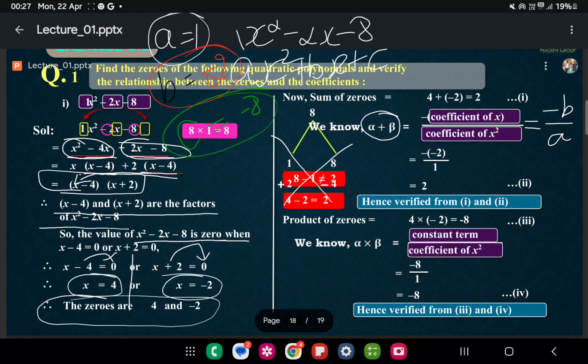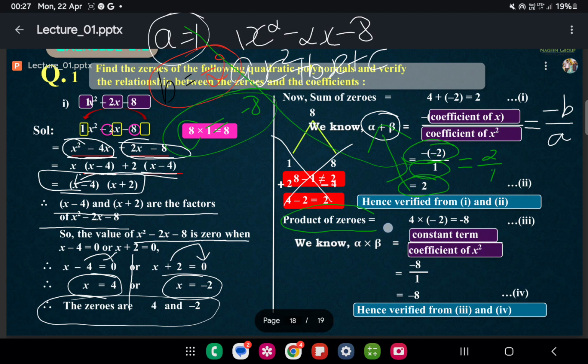Then we apply minus of b. B is already minus 2. Minus of minus 2 divided by a, which is 1, that is minus into minus 2 by 1, that is equals to 2. Then alpha plus beta is equals to 2.